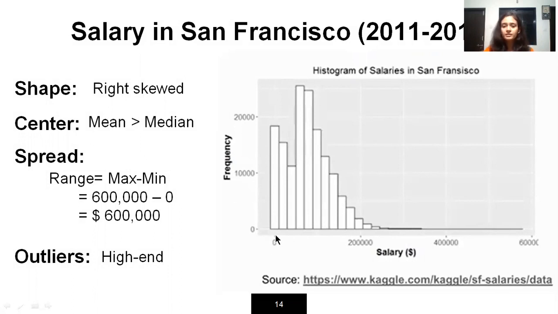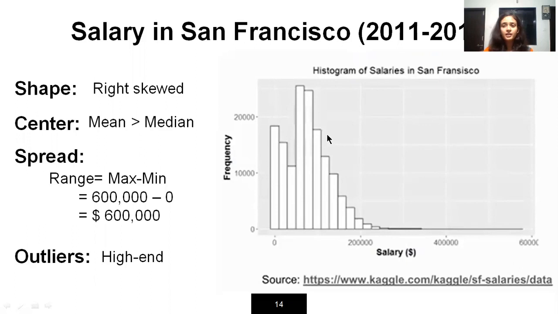Over here you can see that these are the different salaries. Most of the people in my data set have salaries between 0 to $200,000, and there are very few people who have a salary of $600,000.